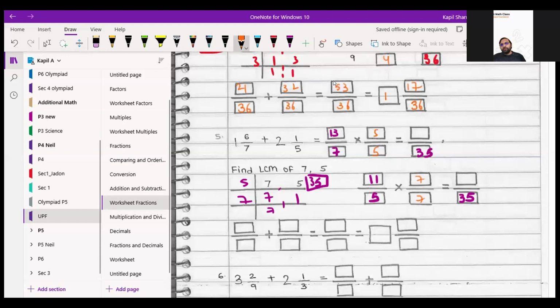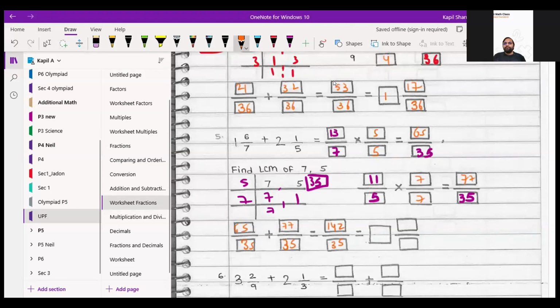Yes, guys. So tell me the answer. 65 plus. Okay, yeah, Swastik, correct. So 65 upon 35 plus 77 upon 35. This is 142 upon 35.